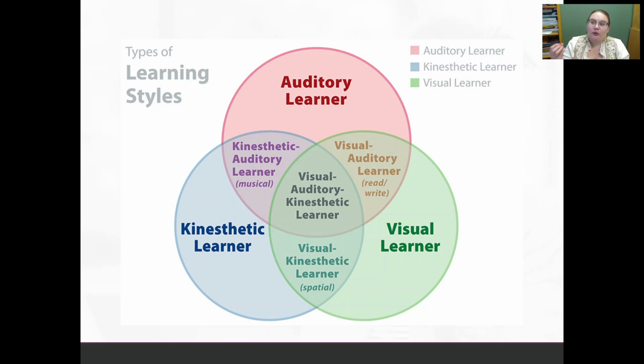So when we're thinking about these learning styles, really there's not a single instance where there will be just a singular learning style taking place. So for example, in the classroom, usually what I'm doing is I have a PowerPoint, I'm going off the PowerPoint, but I'm walking around the room.